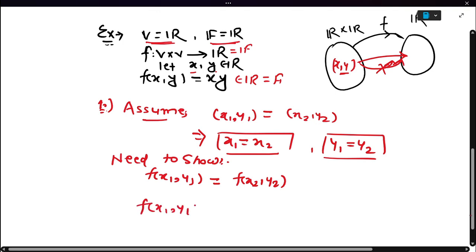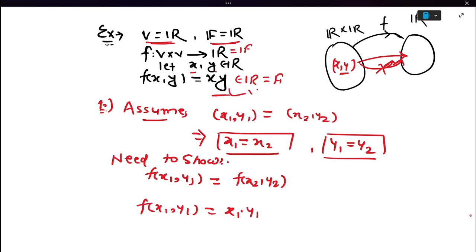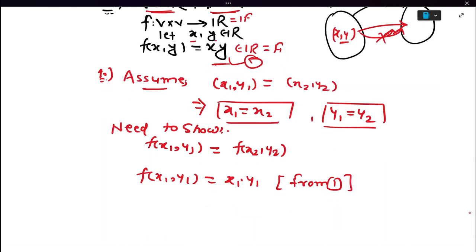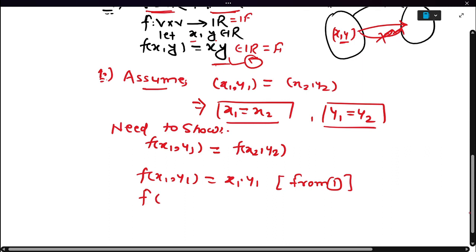f(x1, y1) will be x1 into y1 by the definition of this, as given in 1. And f(x2, y2), what will it be? x2 into y2, from 1.